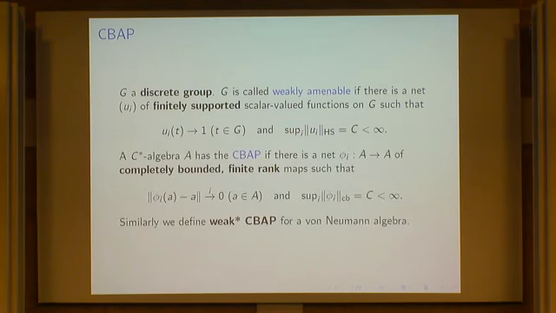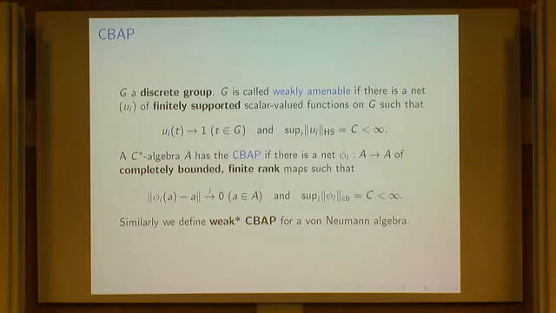Now, a C*-algebra A, on the other hand, is said to have the completely bounded approximation property if one can find a net of completely bounded, moreover finite rank maps on A, which approximate the identity map on A pointwise, with the property that the CB norms of these maps are uniformly bounded.